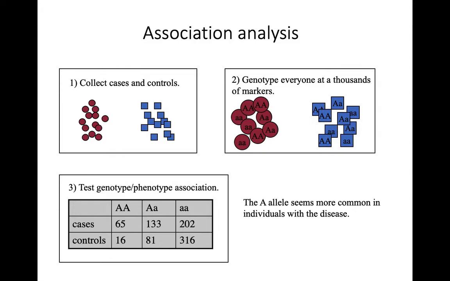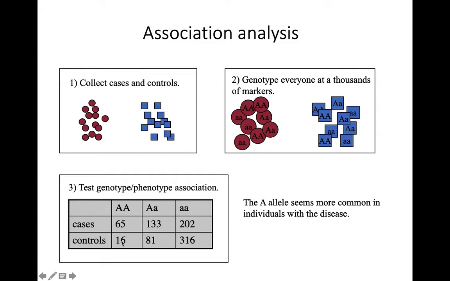And then if you compare the incidence of big A and little a, maybe it's 133 versus 81, and here it's 202 versus 316 for little a. If you compare the total numbers, there seems to be a much greater incidence of the big A genotype in the individuals that have cases of the disease versus the individuals that don't.